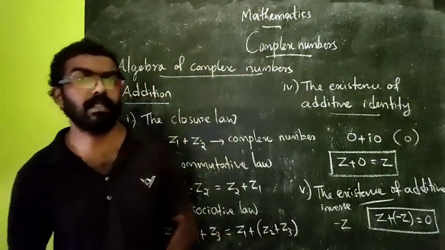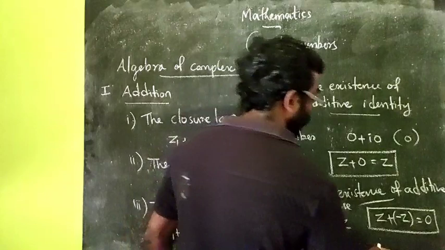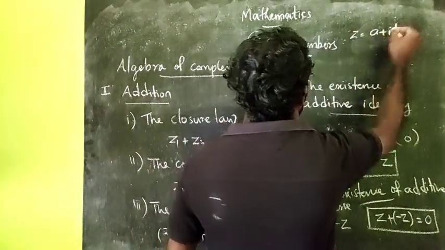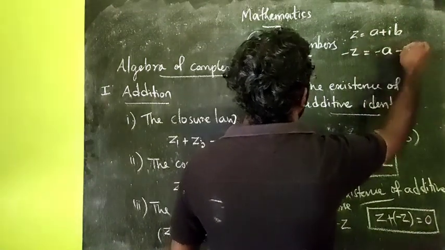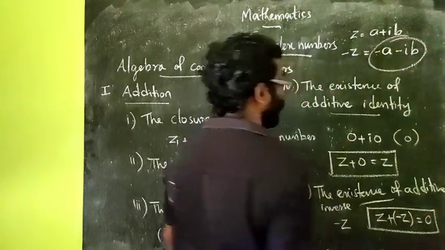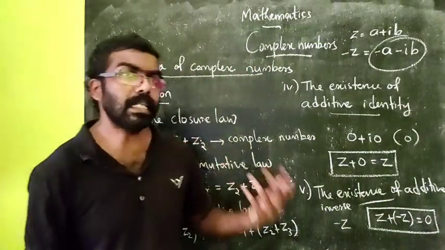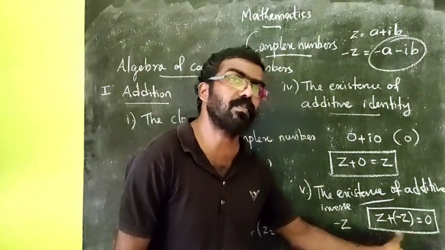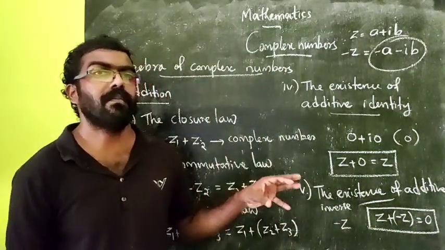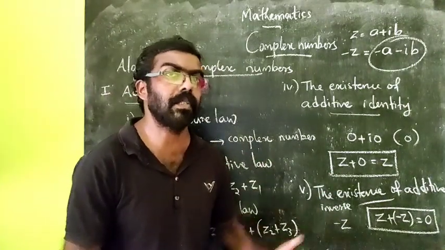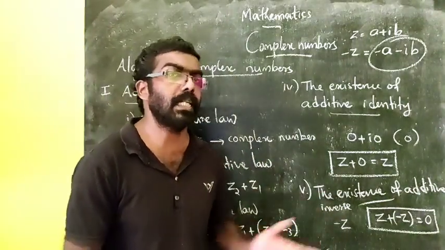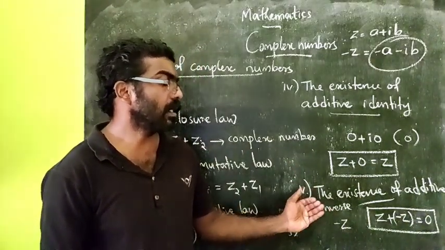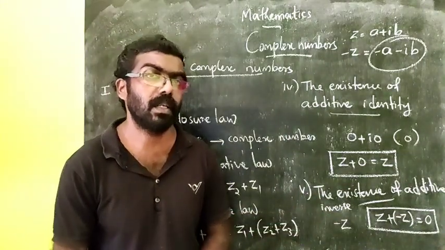If z is equal to a plus ib, then minus z means minus a minus ib. When we add these two numbers, we will get the additive identity. Okay, 0 means the additive identity. So in this case, we can say minus z is the additive inverse or the negative of z.